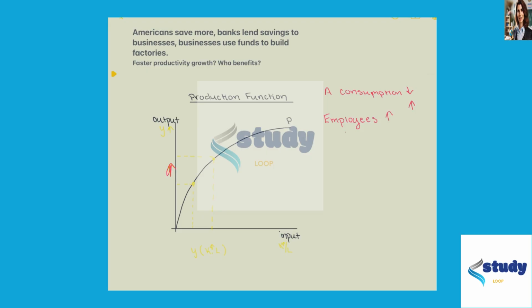Employees produce more, their wages go up, and as a result, they're better off. And same thing with these factory owners, because these factory owners are going to be able to increase the productivity of their workers and their manufacturing processes. They're going to be able to earn higher revenues and higher profits most likely. So these factory owners are also going to benefit from this as they see an increase in their profits.